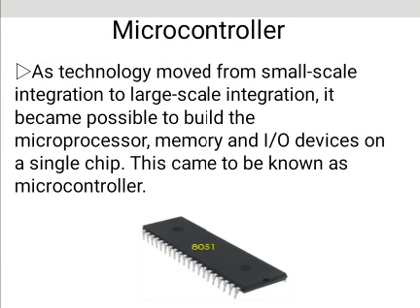Next, microcontroller. So what is a microcontroller? It is also an IC. As technology moved from small scale integration to large scale integration, it became possible to build the microprocessor, memory, and IO devices on a single chip, on a single IC.